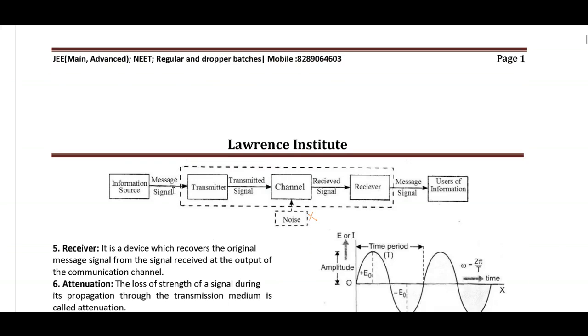The message signal cannot be directly transmitted to the channel. The message signal is given to the transmitter. The transmitter processes it, and then we finally get a transmitted signal. This transmitted signal is fed to the channel. So the transmitter receives a message signal and gives the output in the form of a signal to be transmitted, which is then fed to a channel.